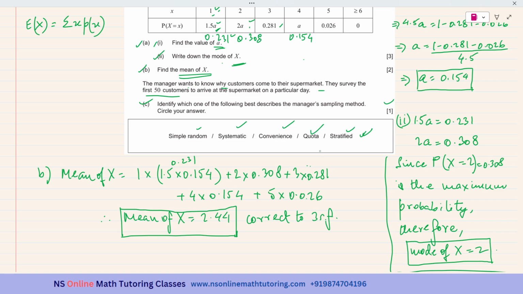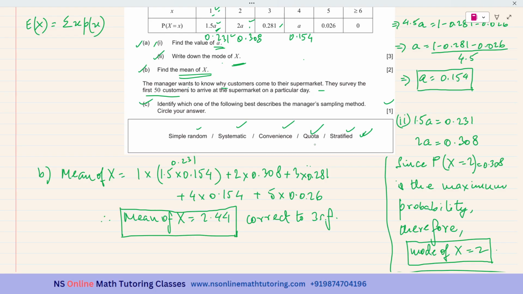And quota sampling is, over here also, you are dividing the whole customer group into several subsections, but how many customers you will be selecting from each subsection will be determined by that section size. Maybe you are having a group of teenagers and a group of, say, middle-aged persons.